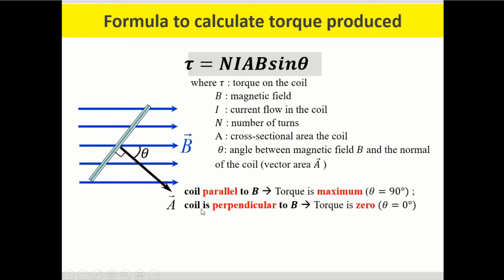When the coil is perpendicular to B, the torque is 0 because theta is 0 degrees.